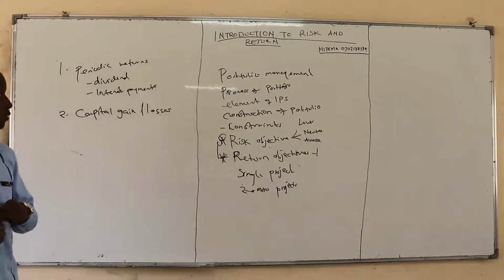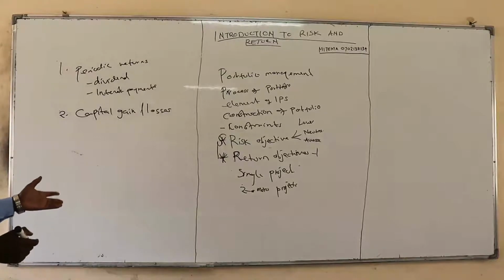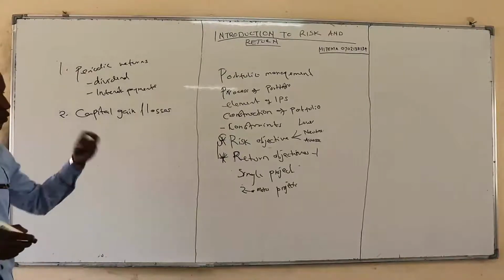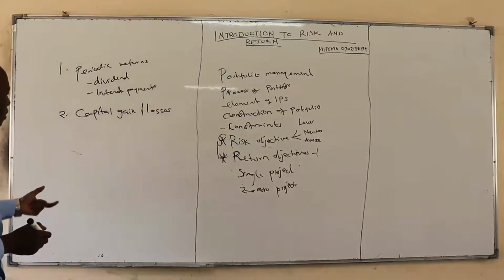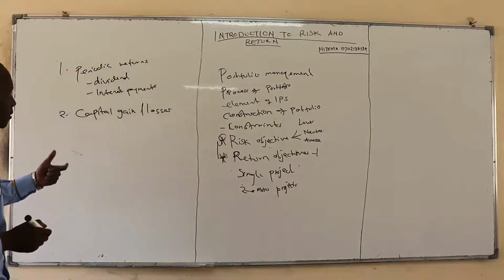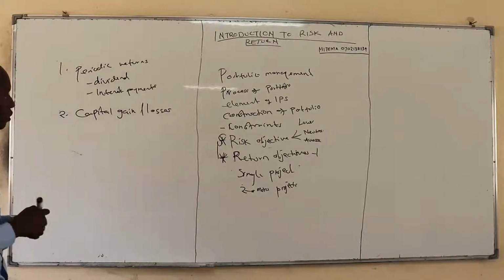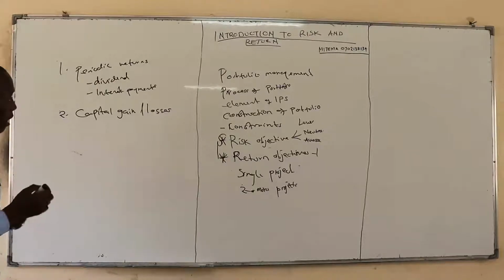First of all, these returns can be measured. So before you engage in an investment, you can do predetermined calculations just to see whether the returns will be there in that project, or if it's not a viable project, you can do away with it.